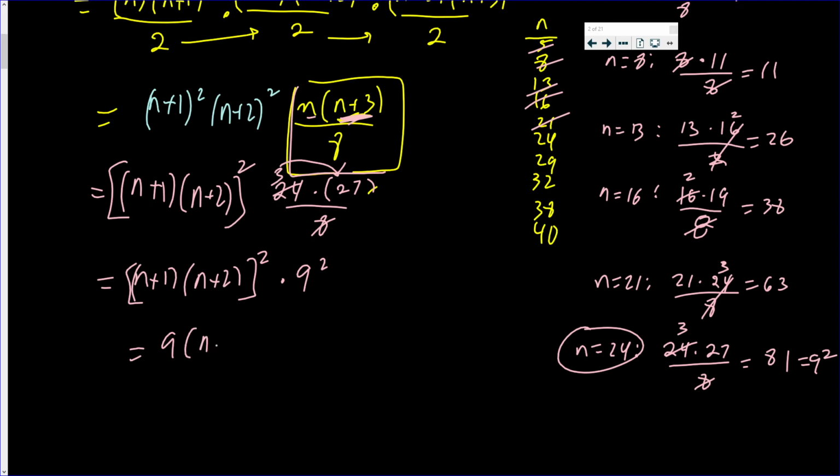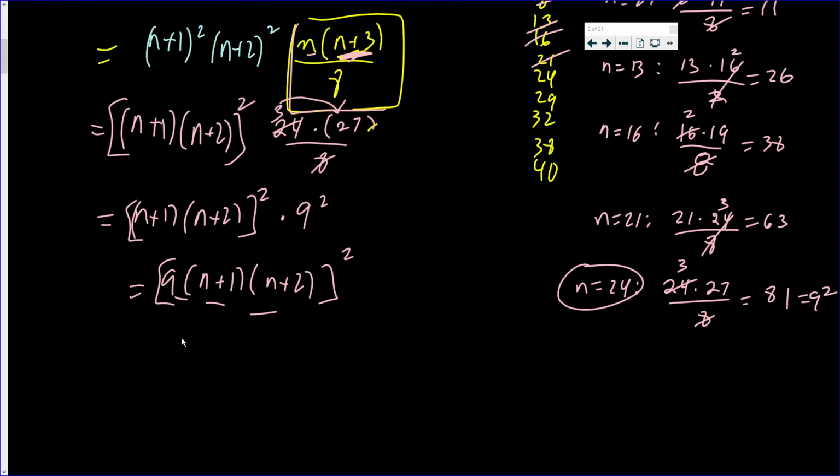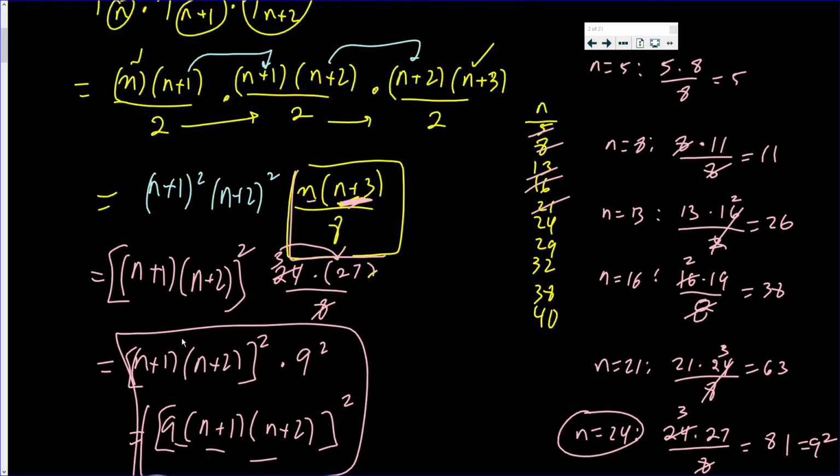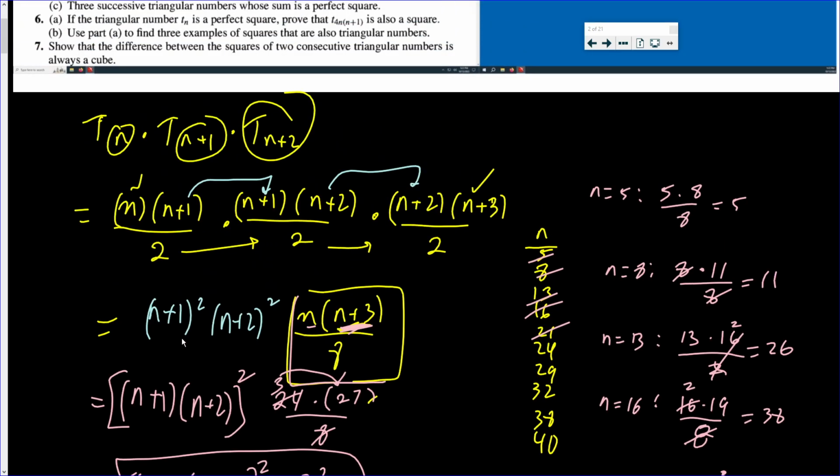So you have 9 times n plus 1 times n plus 2, all squared, and this is an integer. So n is 24. We didn't have to do any of that. We found n was 24, so n is 24.